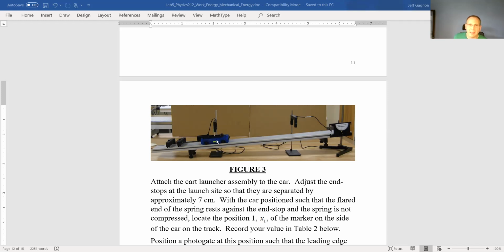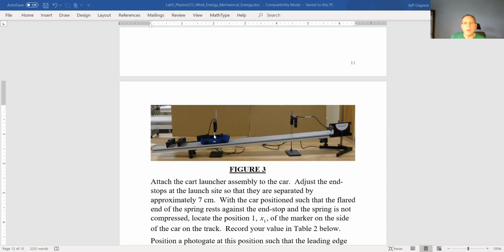The initial launch velocity of the car. And then it's going to travel up this incline ramp. And at some point, just for an instant, its velocity will be 0, right? It's going to stop for an instant when it reaches its highest point.